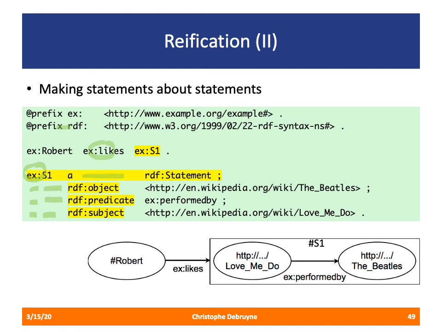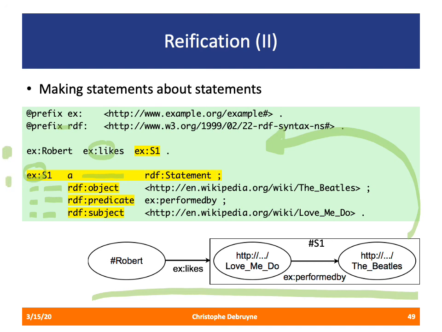However, now you see that these seemingly two statements, as they looked like two statements in RDF XML, are turned into about 4 to 5 statements internally. We have the statement of Robert liking something, and that something has an object, a predicate, and a subject. So we already have at least 4 statements.